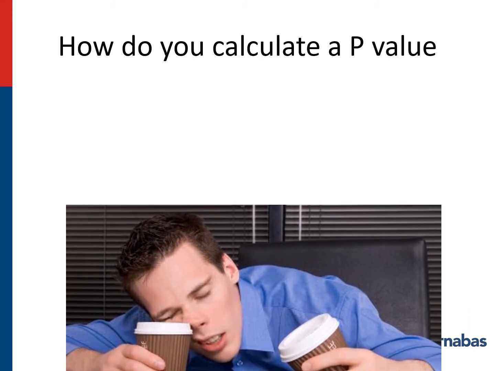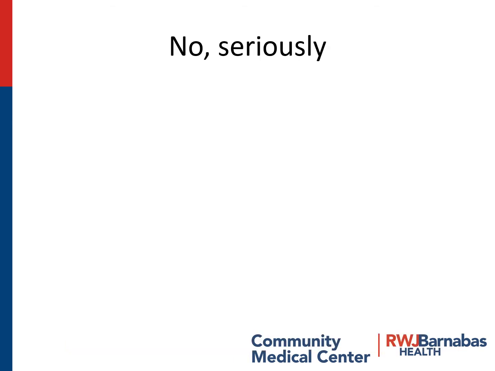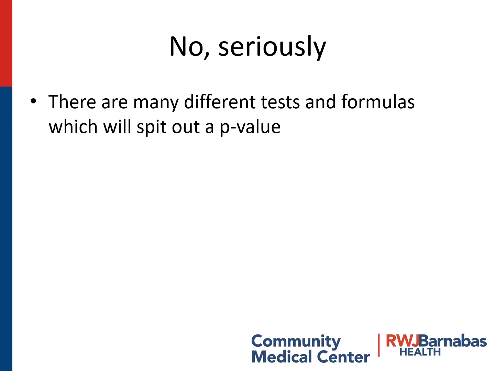So yes, this is probably everybody's reaction to this, and we're not going to get too much into the weeds, but there are many different tests that will all come up with a p-value. And a p-value isn't something about the test. A p-value is, once again, the probability that you got the results based on chance alone.